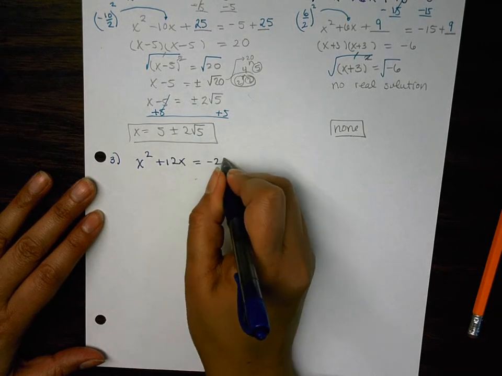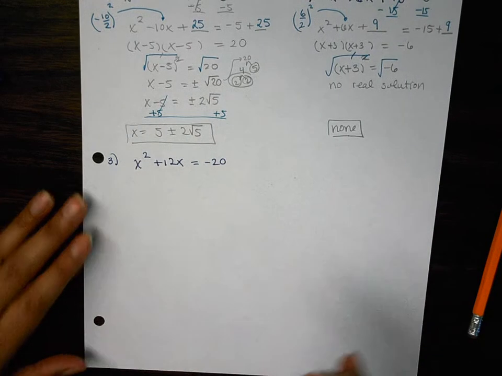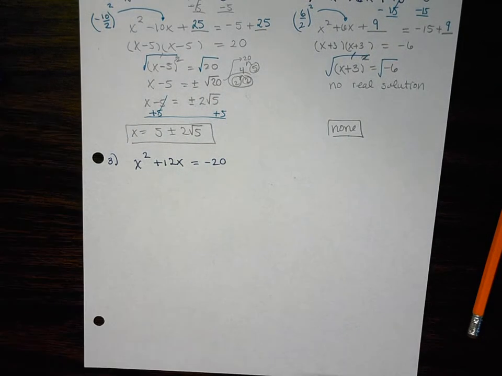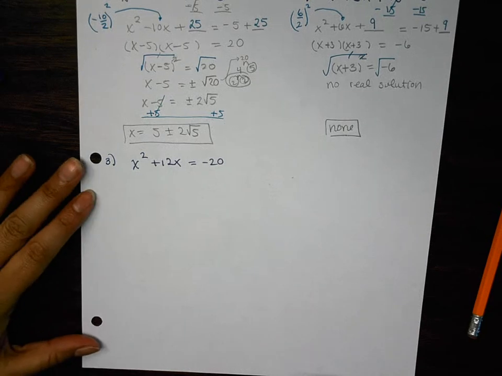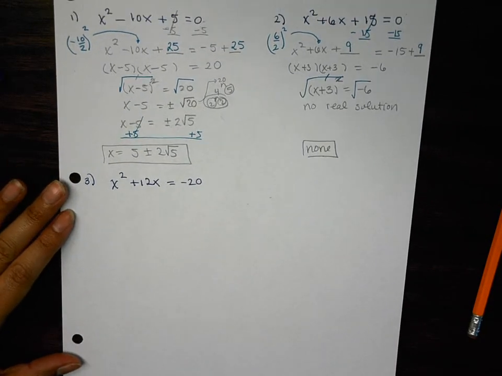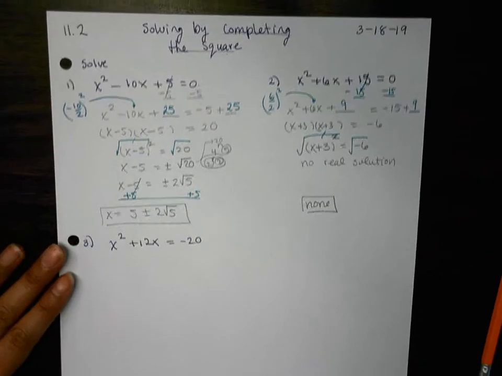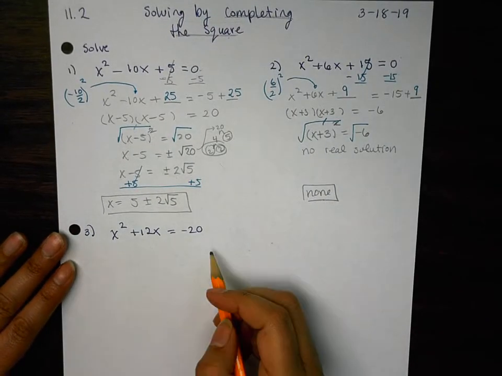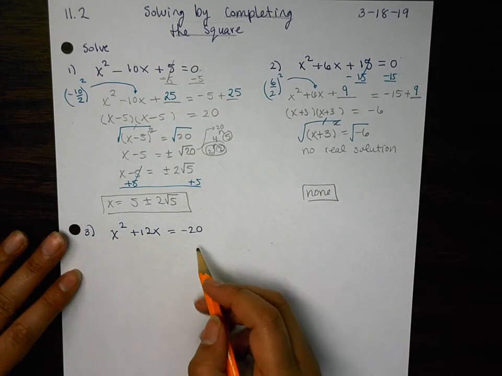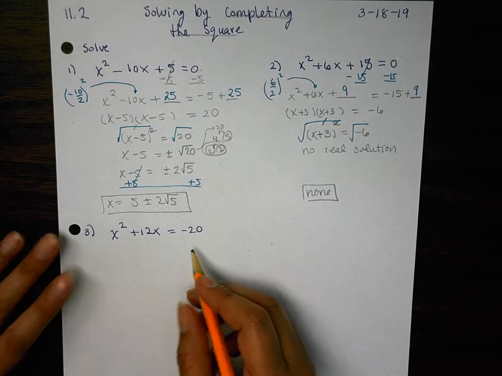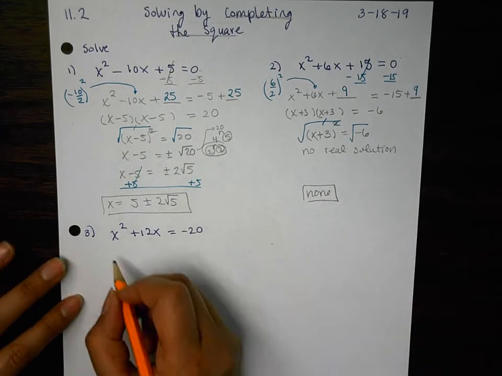Number 3. x squared plus 12x equals negative 20. Has the constant already been moved over, or do I still have to do that step? Is there a constant to be moved over, or is it already done?